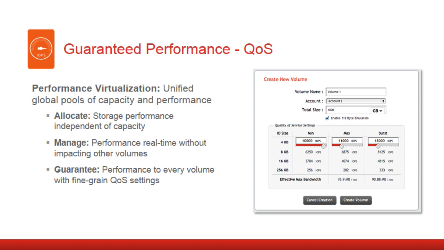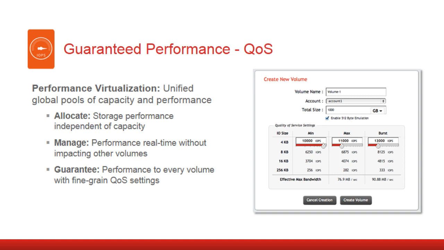We have the idea of performance virtualization, and we're very unique in this respect because most of the arrays that are out there, all flash or not, have done capacity virtualization, meaning they've taken all of the drives in the system, whether they're flash or not, combined them all, and presented large pools of capacity.